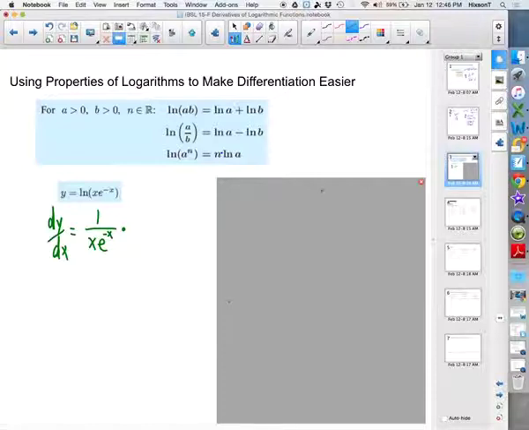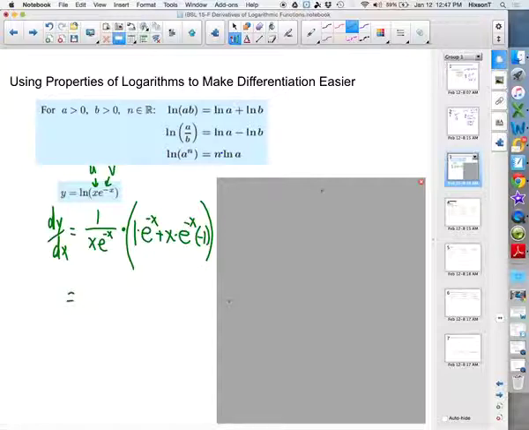Which we can do. I mean, if you make this u and this v, u prime is 1 times v plus u times v prime, so that's e to the negative x times the negative 1. It's doable, but it's messy.